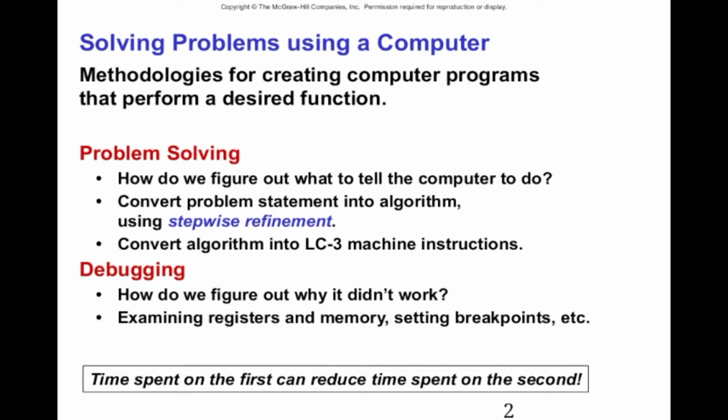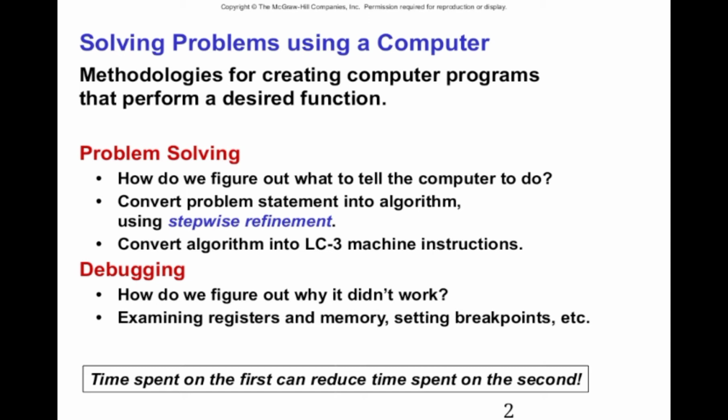What is debugging, and how do we figure out why it did not work? Debugging is the process of detecting and removing existing and potential errors, also called bugs, in software code that can cause it to behave unexpectedly. To prevent incorrect operation of a software or system, debugging is used to find and resolve bugs or defects.